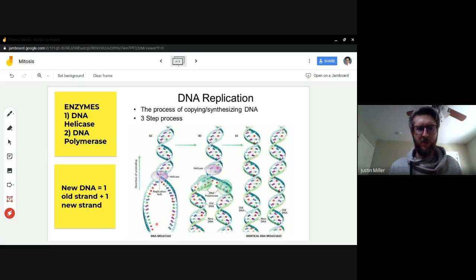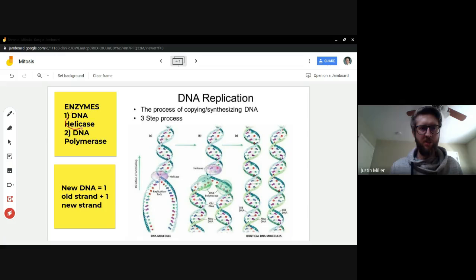So in DNA replication, we start off with one DNA molecule. Now you can tell from here down, it's already been unzipped. So the first thing that happens in DNA replication is that the DNA molecule is unzipped. Just like when you unzip your zipper, there is an enzyme called helicase. That's one of the enzymes that you need to know about right here.